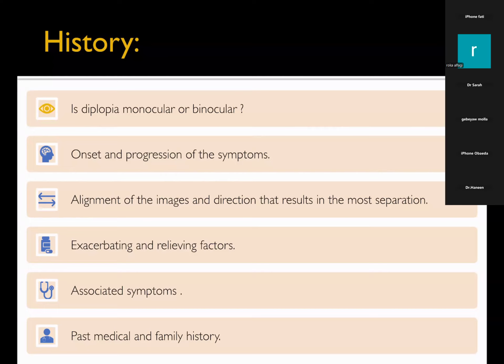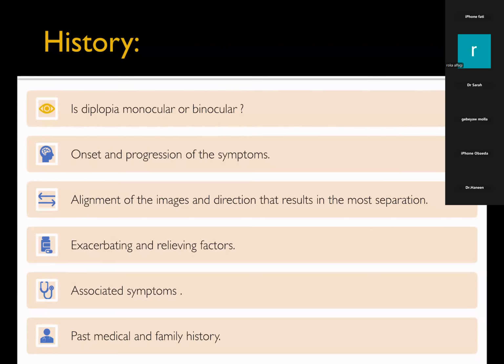We have to ask about the onset and progression of the symptoms or the signs. Any associated symptoms or signs with the diplopia, like ptosis, pain, headache, muscle weakness. Another important question is alignment of the images and the direction that results in the more separation. Like if the patient mentions that his diplopia is more in the right direction, we have to check exactly which muscle can be involved in the right or in the left direction.